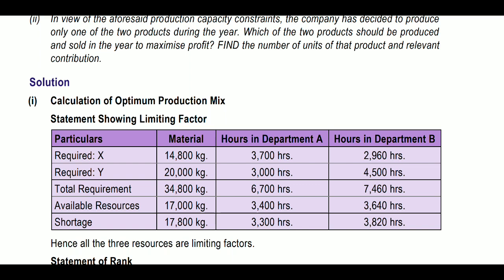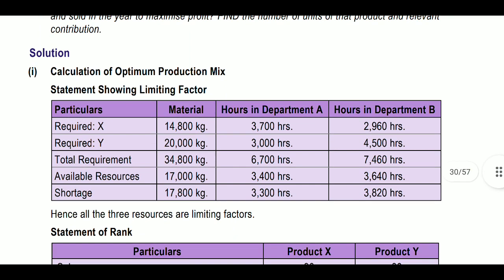Required for Y: 20,000 kgs, 3,000 hours for department A and 4,500 hours for department B. Total requirement will be 34,800 kgs, but available resources were only 17,000 kgs. So available resources are 17,000 kgs only, and available time is 3,400 hours and 3,640 hours.